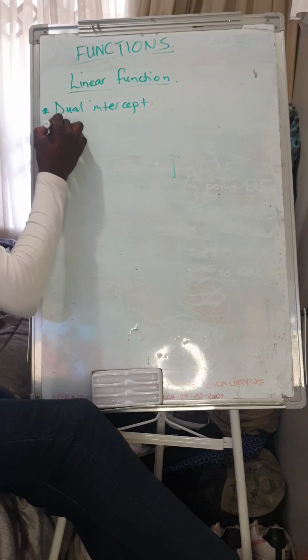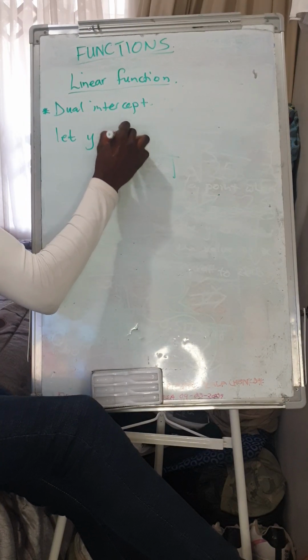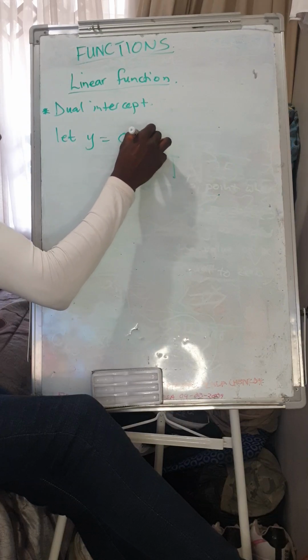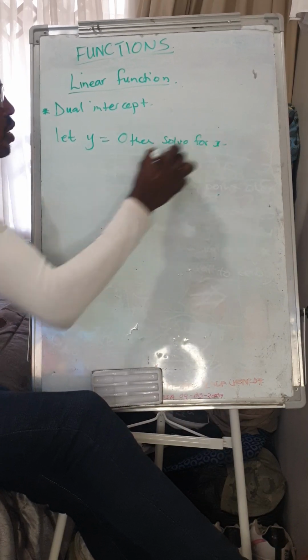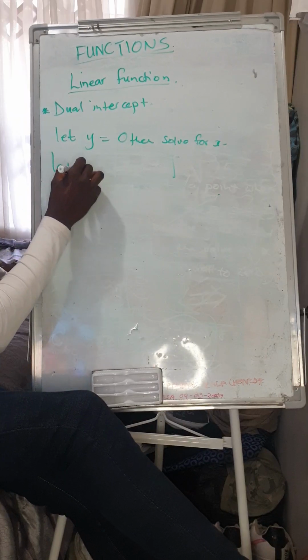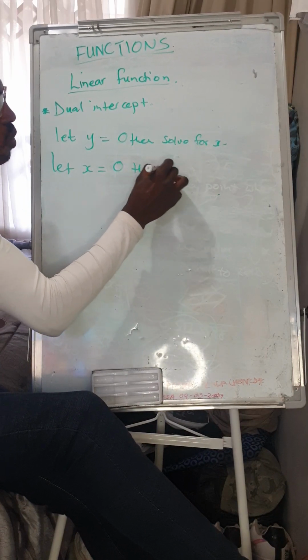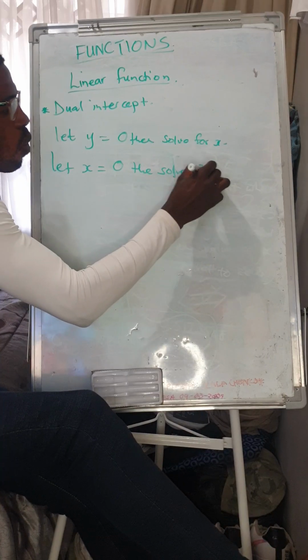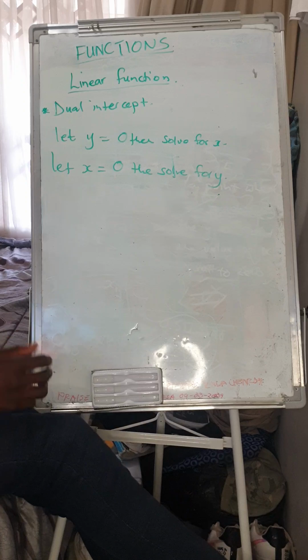So let y equal 0, then solve for x, and then let x equal 0, then solve for y. So this is what we do in the dual intercept method.